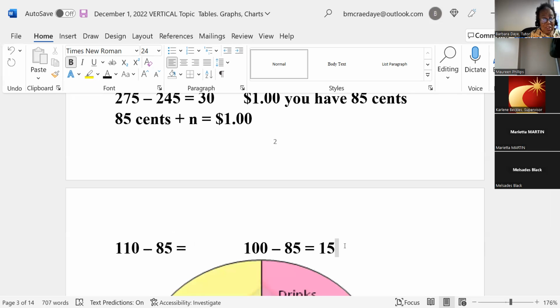Because you can save yourself a lot of time when you can do this, right? Marietta, you back? Yeah, I'm back. 100 minus 85 is 15, right? But you have another 10.